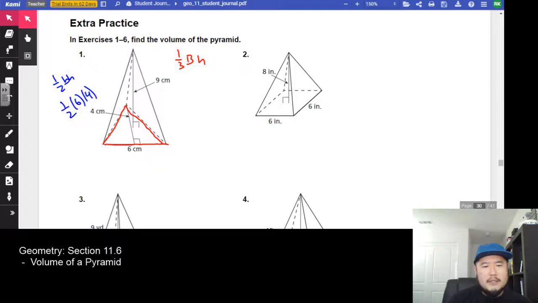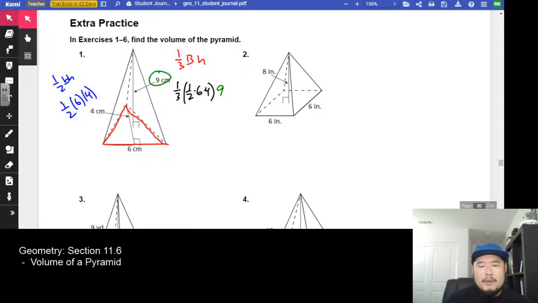Right, that is this piece right there. So let's take this. I'll substitute that in. So we have 1/3, and then I have 1/2 times 6 times 4. Okay, that is our triangular base. And then we have the height of this pyramid, and that is 9 right here.